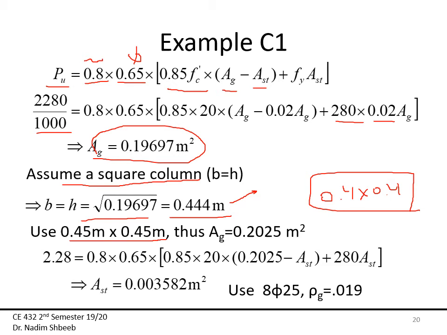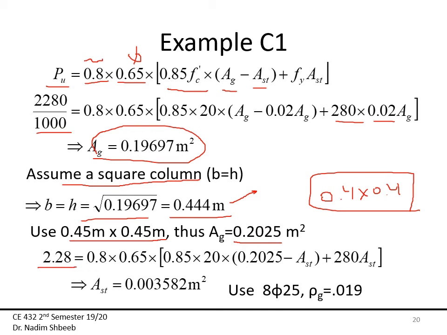The area gross is now going to be 0.45 squared. I'll take that back, there's no 2% here. Now, again, going back to the same equation to come up with the area of steel, don't multiply this with 2%. Actually calculate the required area of steel based on this.